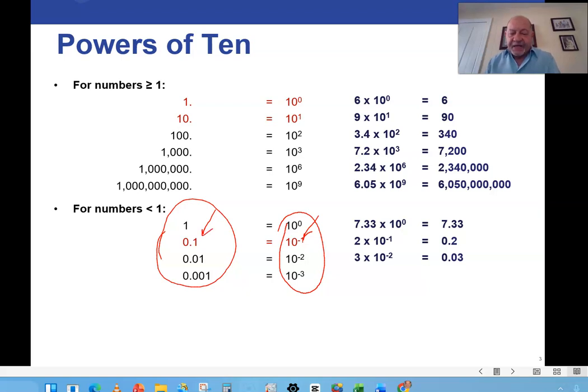So minus 1 power means the 1 is in the 1 position after the decimal place, literally the minus 1 position. When the power is minus 2, the 1 starts in the 2 position. You can think of it as the minus 2 position. When the power is minus 3, the 1 starts in the quote-unquote minus 3 position.